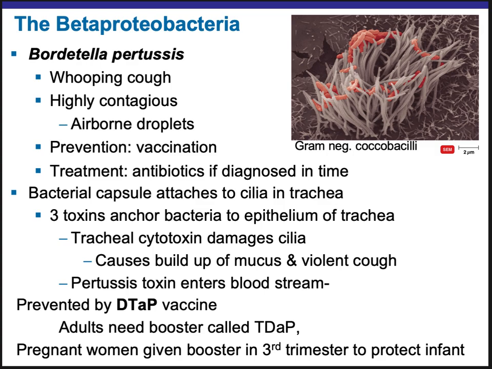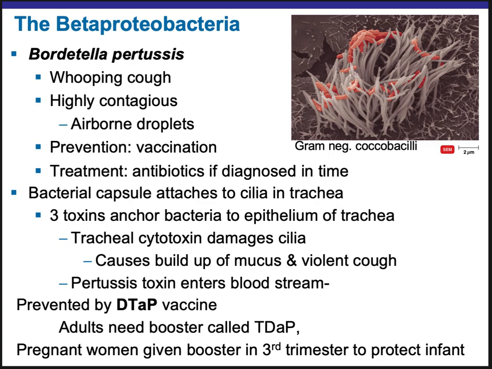But it just isn't the same when you're dealing with toxins. The toxin is causing harm. So these 3 toxins are called the Tracheal Cytotoxin, the Pertussis toxin, and the adenylate cyclase toxin. Okay, so let's talk about each of those.